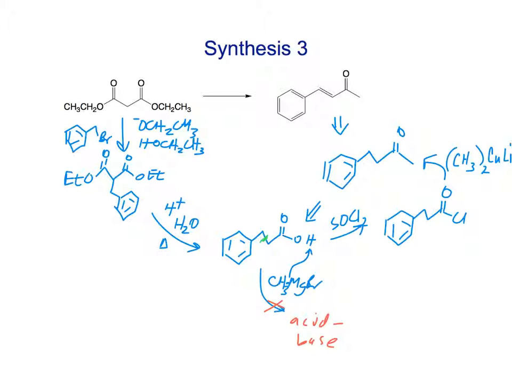What if we use methyl magnesium bromide at this stage, adding to the acid chloride? Does it just go to that product? No?